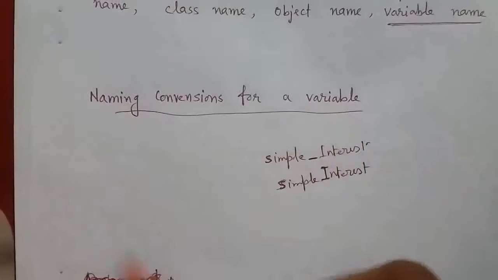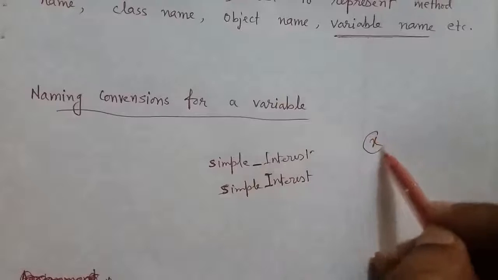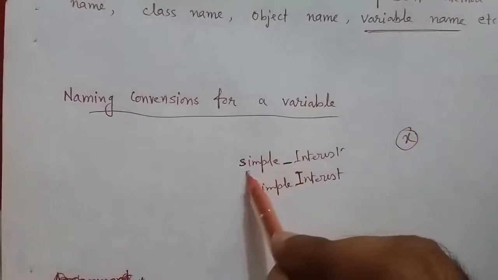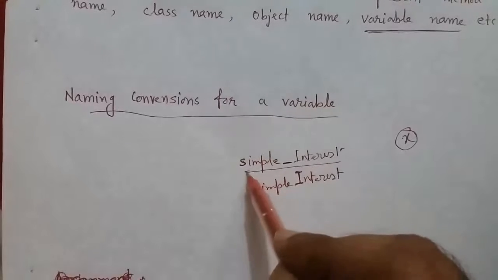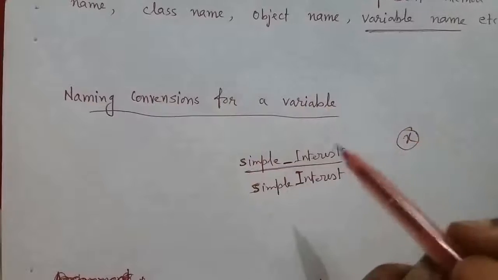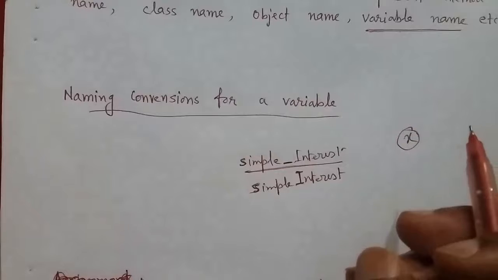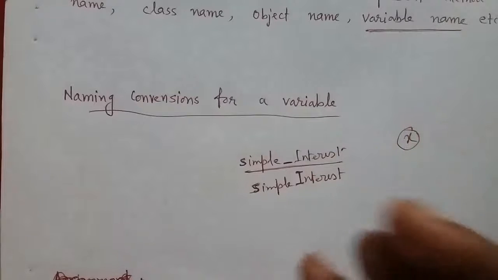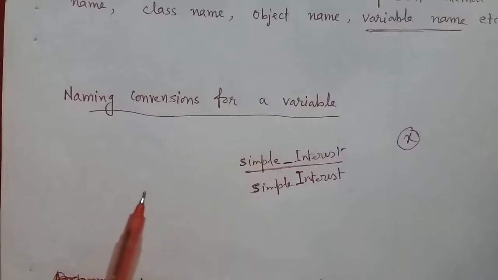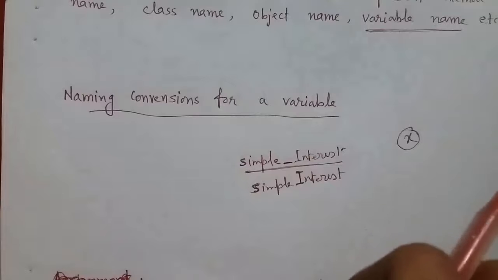Like for simple interest if I am using variable x, it is not meaningful. If you want to calculate simple interest, then you need to write simple interest. So don't use a, b, c, d, x, y, z like that. Variable names should be meaningful so that we can easily understand what value is stored inside the variable. So these are the naming conventions you must follow while programming in Java.